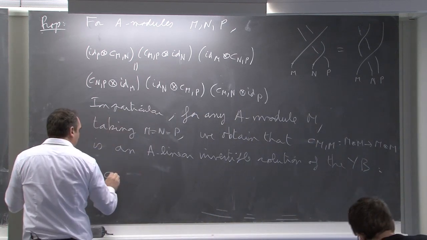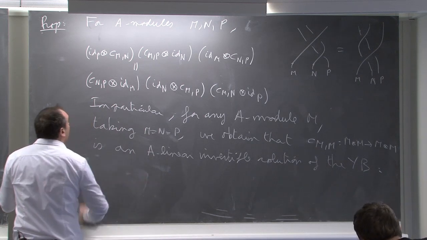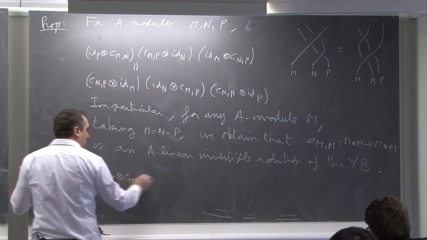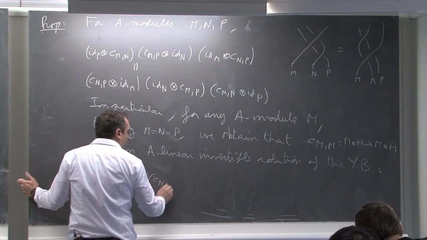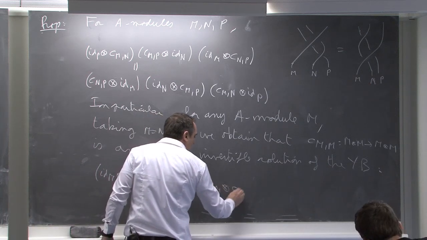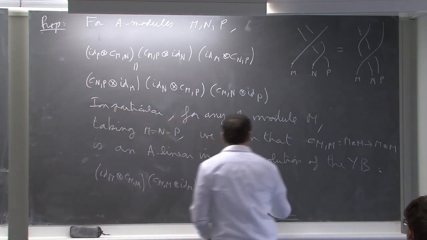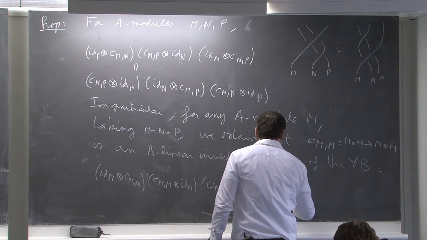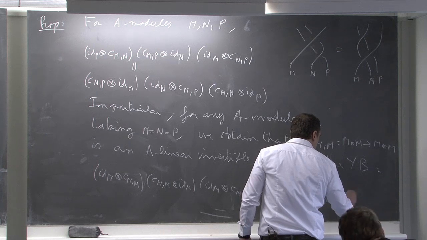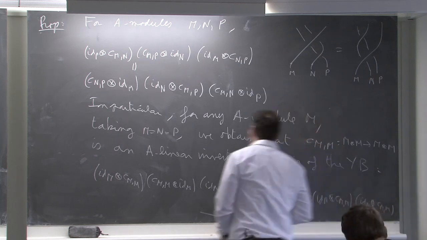I recall it is C_{M,M}. So this is the equation for M equal N equal P. So this is C_{M,M}.